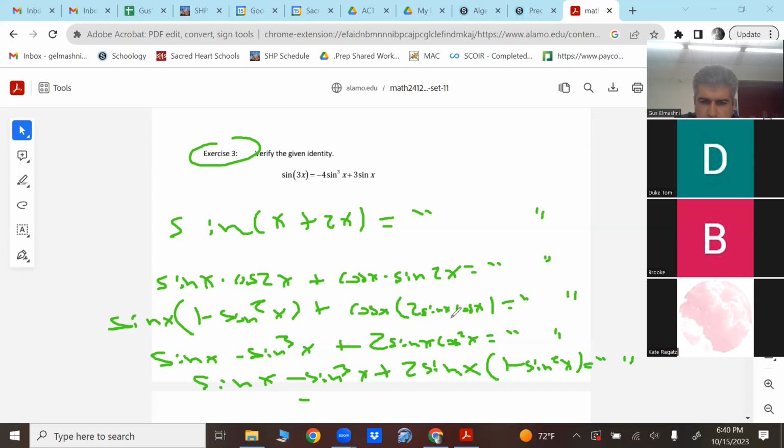So on the left, when you're multiplying 1 minus sine squared x, it would be 2 sine x times that. Wait 1 sec. Oh, you're right. Duh. 100% correct. Thank you. Yeah, I knew something seemed off. Thank you for catching that. Then we got it verified.